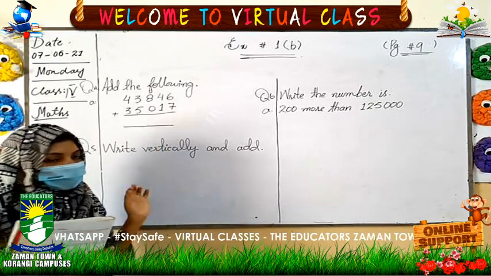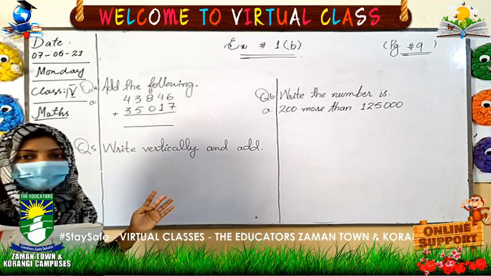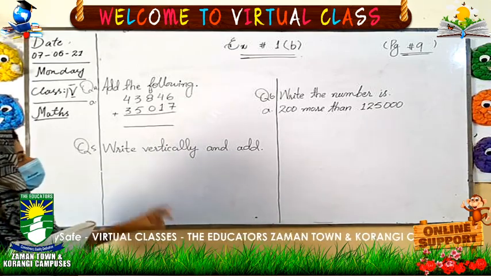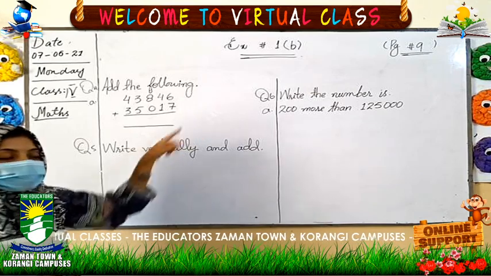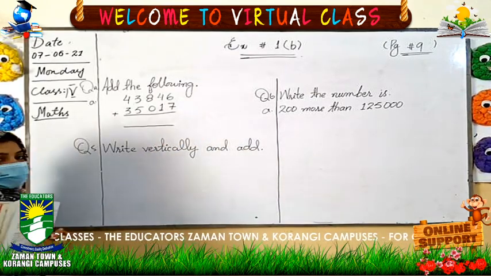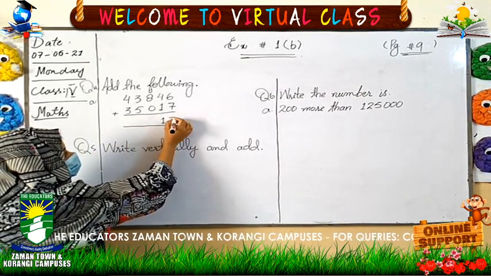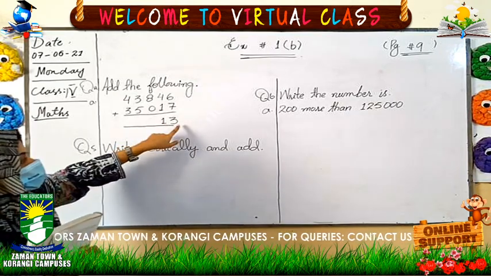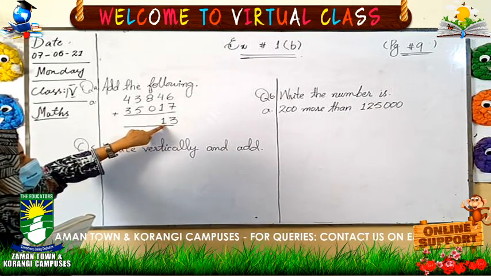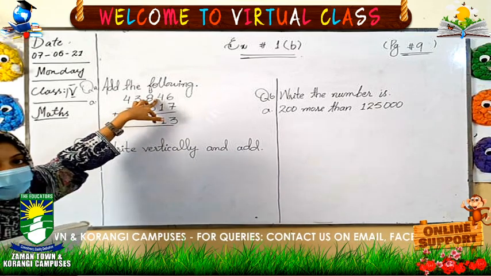Start adding 7 into 6: 7, 8, 9, 10, 11, 12, 13. When we add 7 into 6, it becomes 13. So how will you write 13 in your answer? Will you write it like this? No. In this case, we just carry this number to the next number.